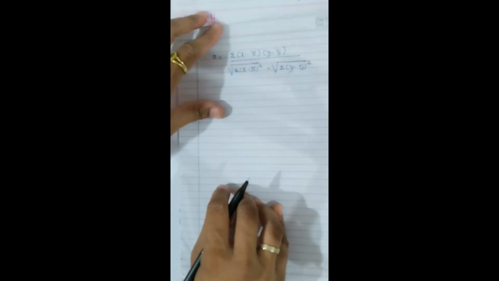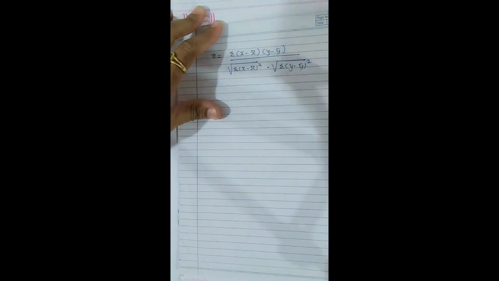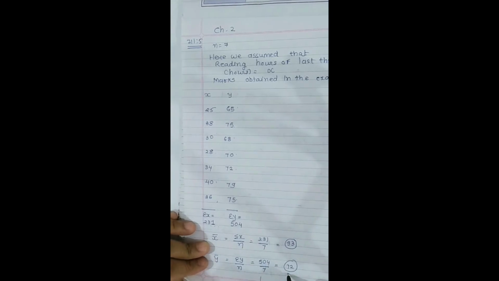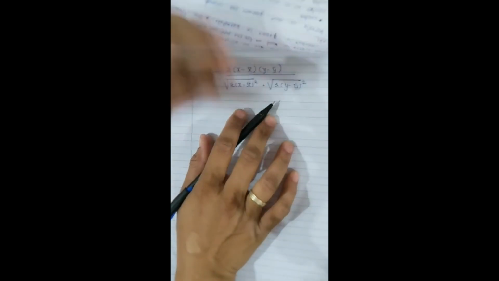First of all, be very clear in your mind why I use this formula: because here x bar and y bar are real numbers, 33 and 72, and not above 100. So I am using this formula.